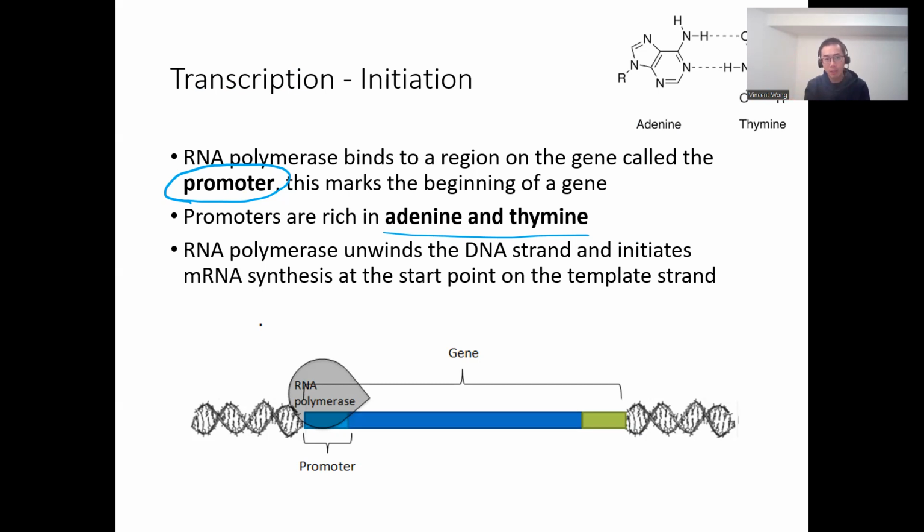And we have to unzip it. The RNA polymerase has to unzip it to gain access to the DNA information, right? So RNA polymerase will bind to the promoter, this AT-rich sequence. It will unzip the DNA and basically start the process of transcription. It's like, okay, let's start copying here. This is the beginning of the gene.